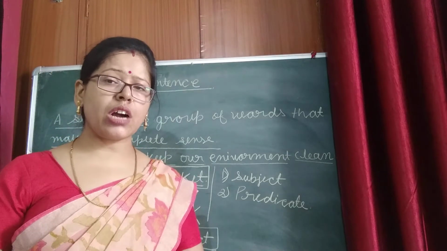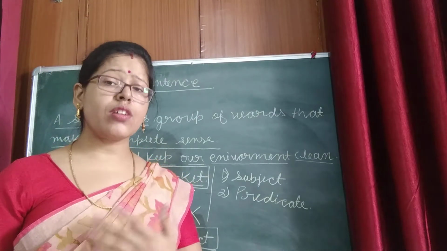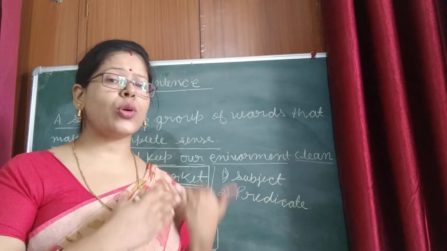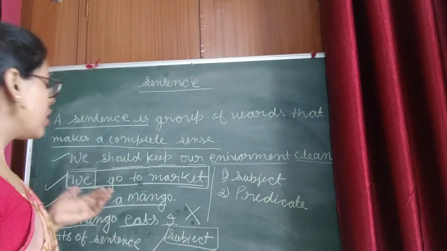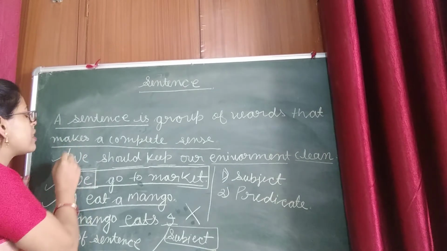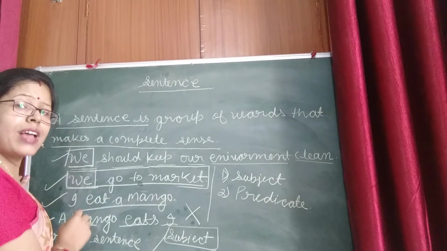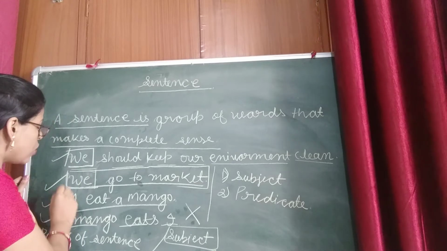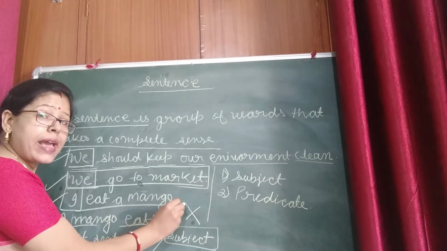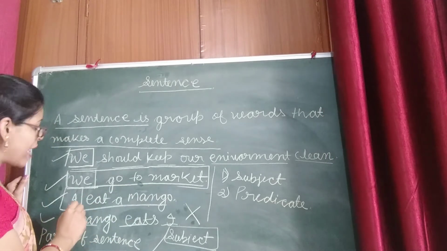Doer of action मतलब क्या हुआ? Action means work और verb. कोई भी कार्य जिसके द्वारा किया जाता है, that is known as what? Subject. So here, who is the doer of the action? We. Similarly, in the first sentence, who is the doer of the action? We again. What about the last one? Here, I eat a mango. So who is the doer of the action?